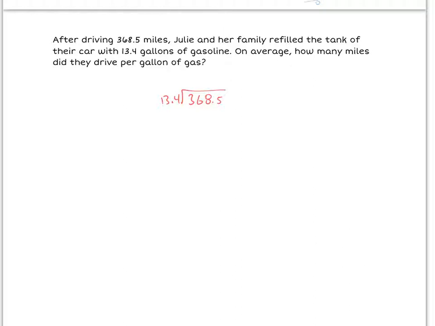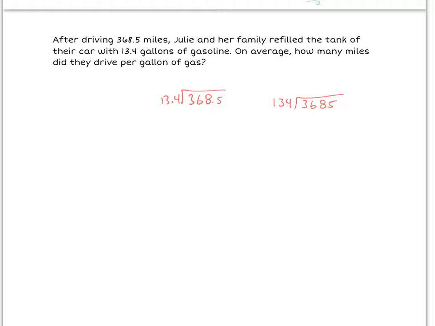So what am I actually going to divide after moving my decimals? 3,685 divided by 134. Does anyone have a question on how I got from the left one to the right one? Okay. That's the new piece today.